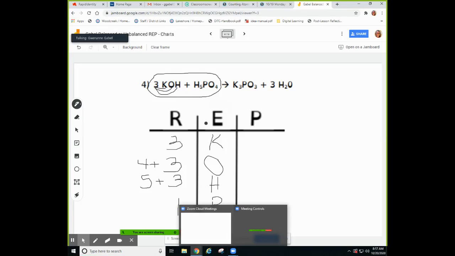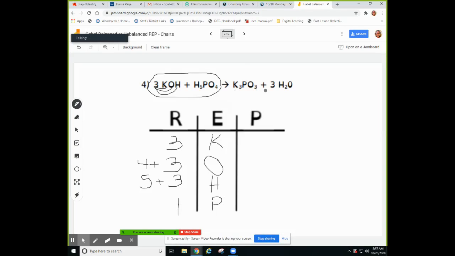Now we're going to determine the number of atoms for the product side. For potassium, there's a subscript of 3, so that means I have 3 atoms. For phosphorus, there's no subscript, so it means there's 1 atom. And for oxygen, there is a subscript of 3.